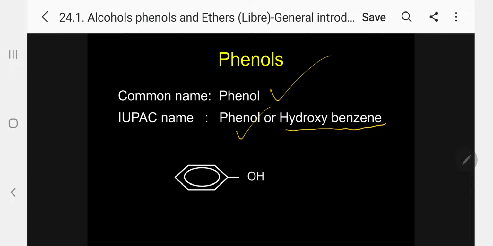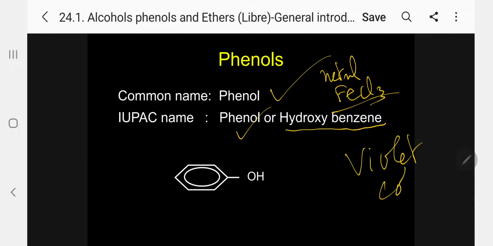Kindly follow. With neutral ferric chloride, please kindly note, my dear students, this is very, very important, violet color. Test for phenol: violet color it is producing.